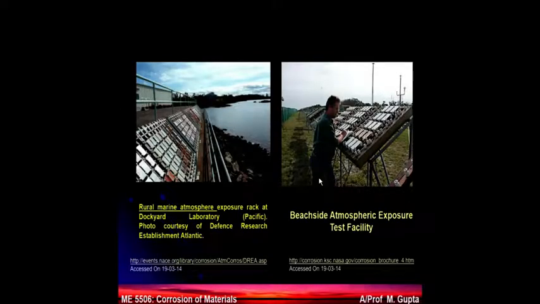Here are some more pictures by the Defense Research Establishment, and this is by NASA. So essentially what they do is they put out the coupons, and all the coupons are labeled, and this person will come practically every week or every day and see how these samples are responding to the atmospheric condition. And he makes a note, and that establishes the corrosion behavior under a given atmospheric condition.